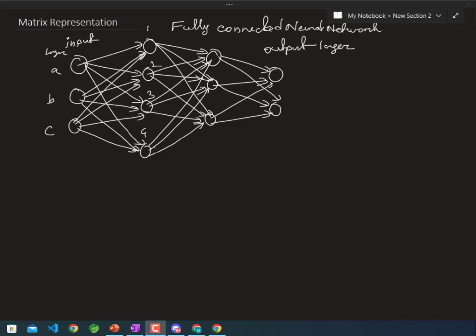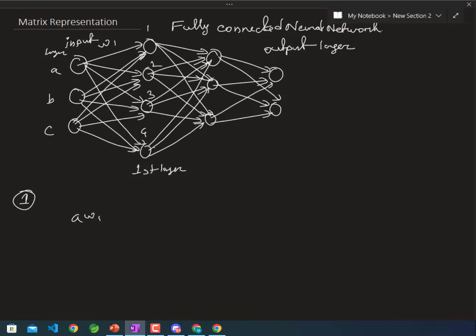So far we have seen a fully connected neural network with a representation of linear algebra. If we consider the first layer, any one of the neurons, for example one neuron, the linear algebra equation of the transfer function would be represented as follows.